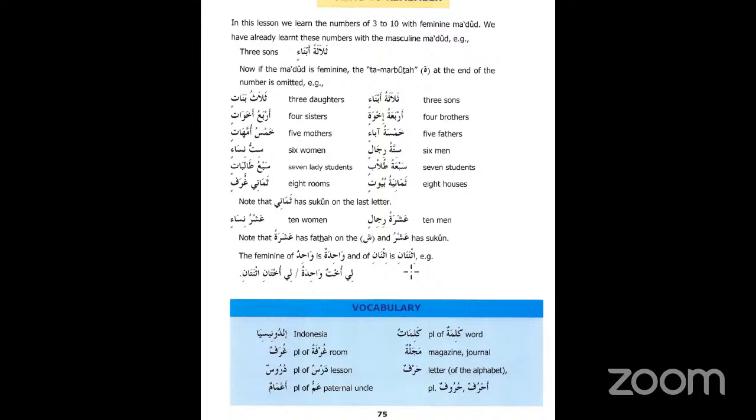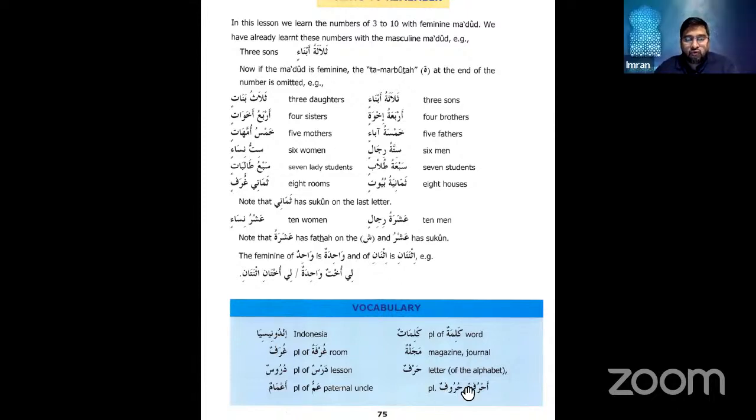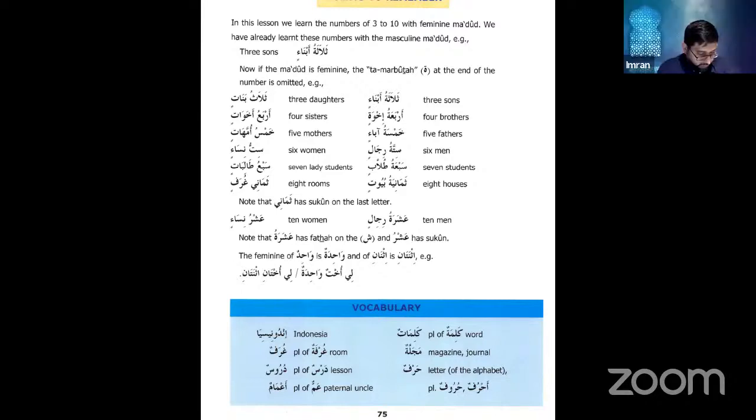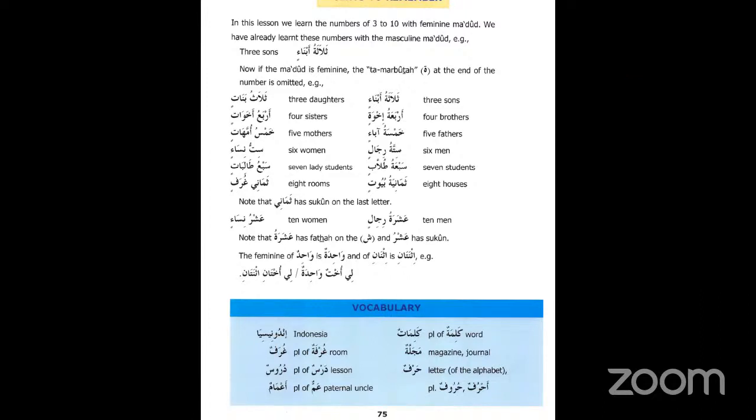And harfun, letter of the alphabet, the plural is huruf or ahruf, those are 2 plurals. And amm, maternal uncle, the plural will be a'mam. Excellent. Thank you. Jazakallah.